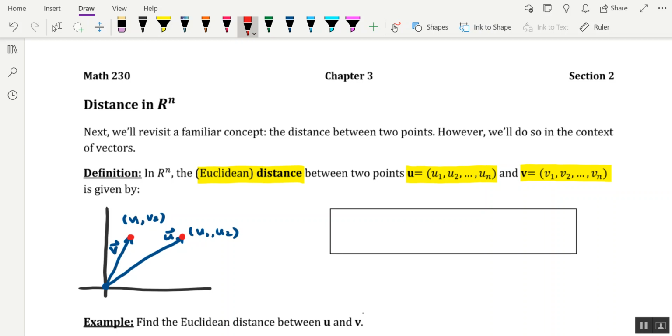Now watch what happens if I add a copy of negative v to the vector u. Okay, negative v is going to point in the opposite direction as v, and if I use the triangle rule to help me out with this addition, negative v will get attached to the head of u. Maybe look something like this.